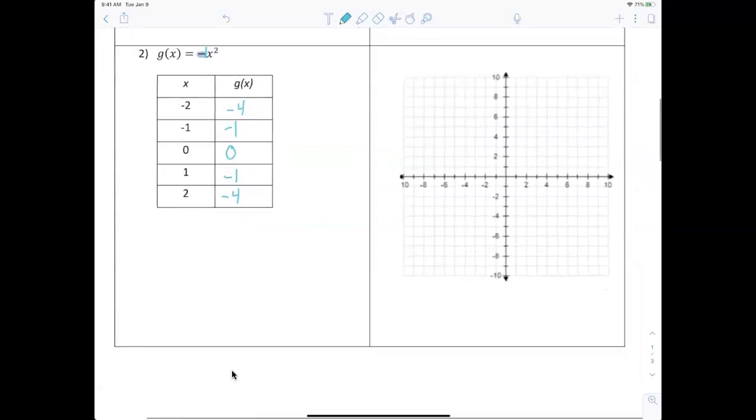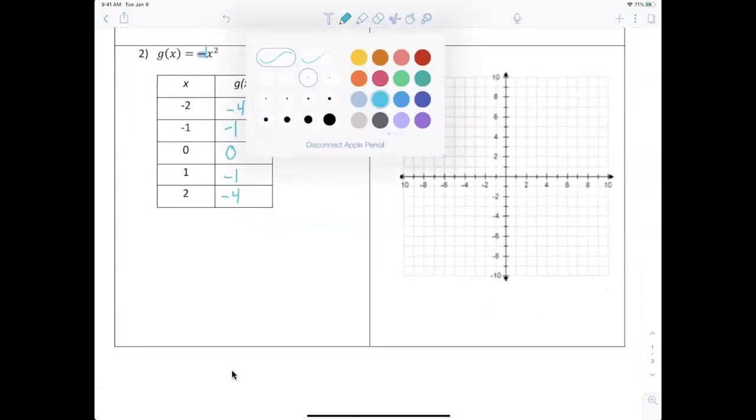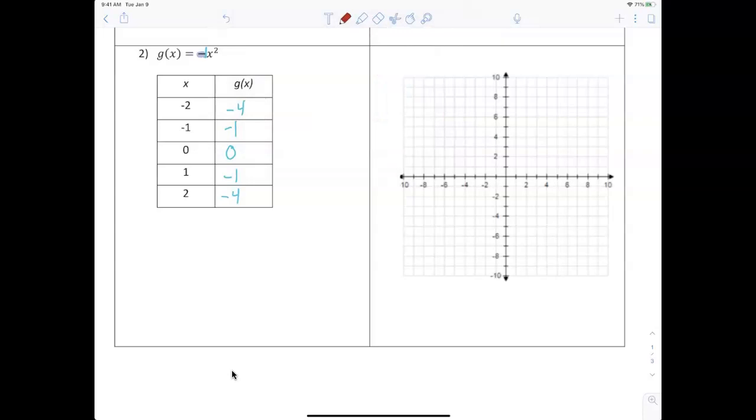When I graph these points, you're going to get 0, 0, 1, -1, 2, -4, -1, -1, -2, -4, and you can see that there is the graph of my parabola.